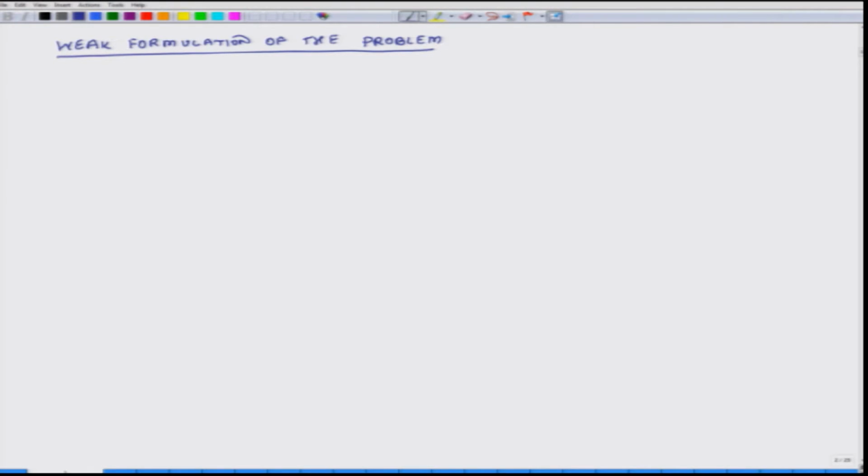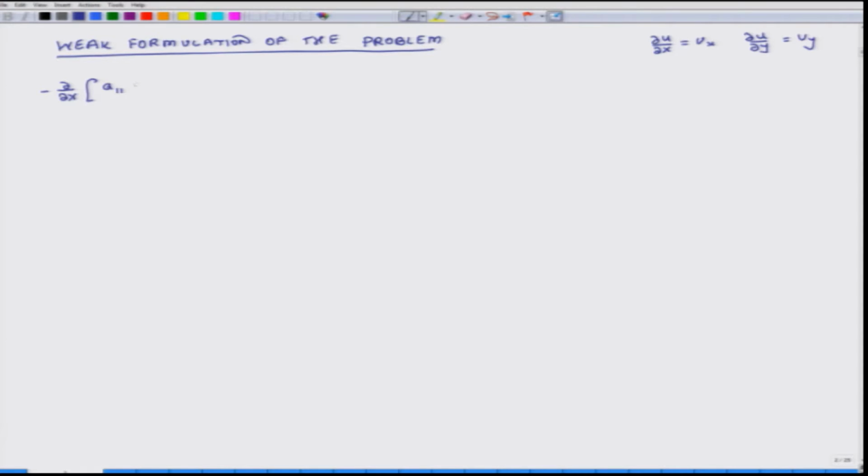So, we will write down the equation once again. The equation is minus del over del x A11, and to make things brief, sometimes I will also write del u over del x as ux and del u over del y as uy.